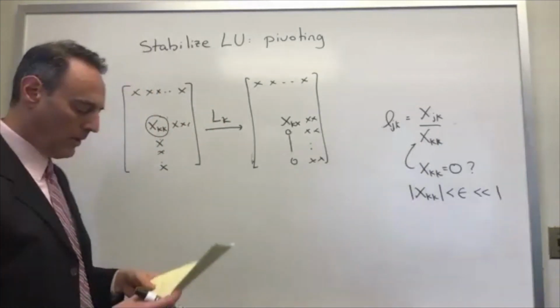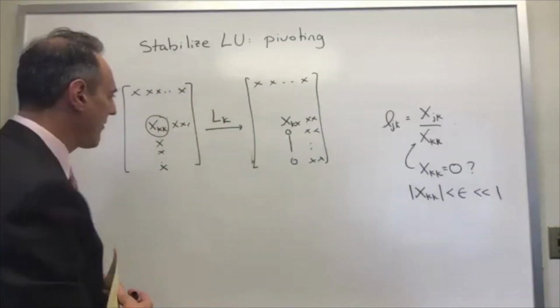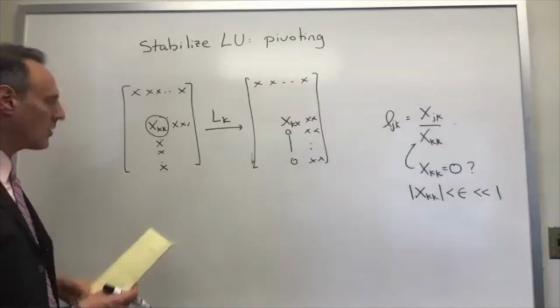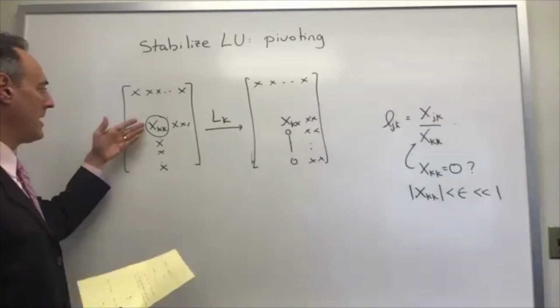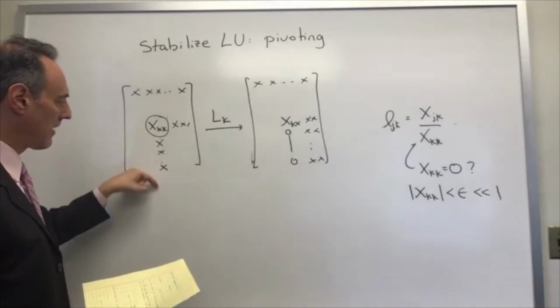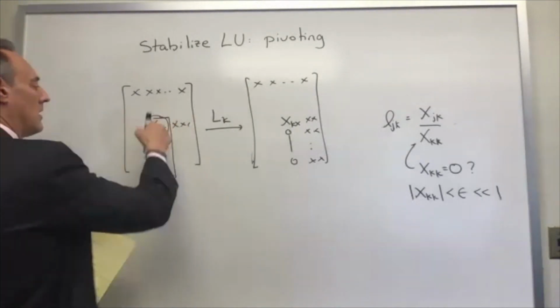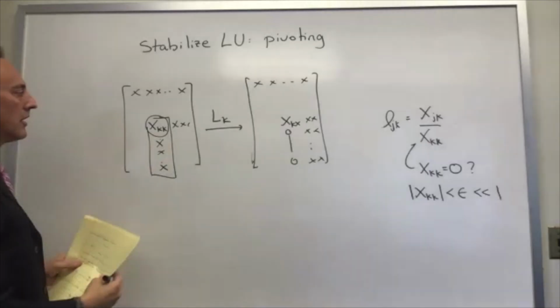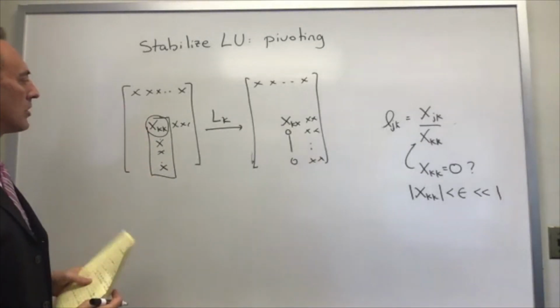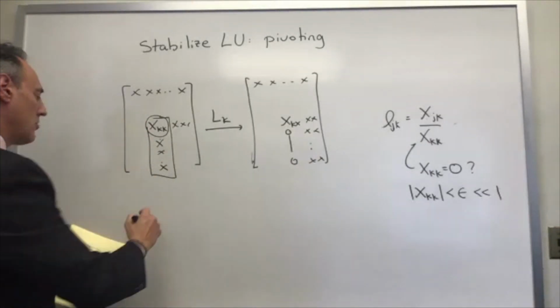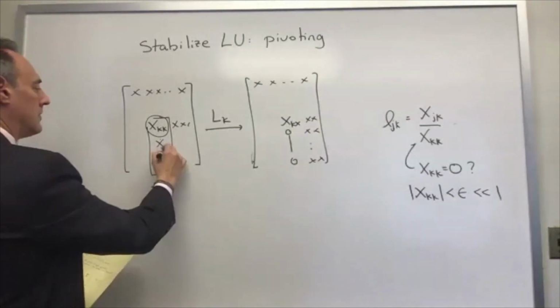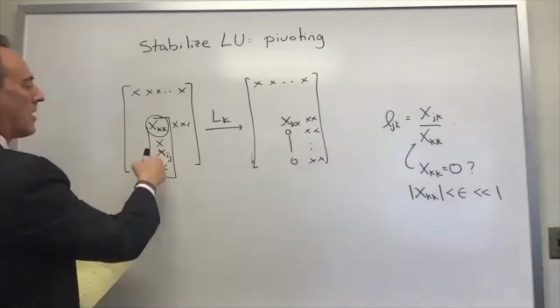So what we really want to do is think about how would I modify this? In fact, instead of picking this and making everything zero, you could actually pick any component of this vector here from the diagonal downwards. Let's go down here and say I pick the ij one below here.